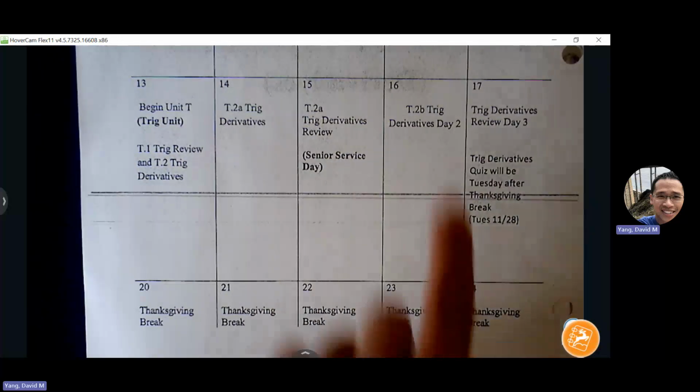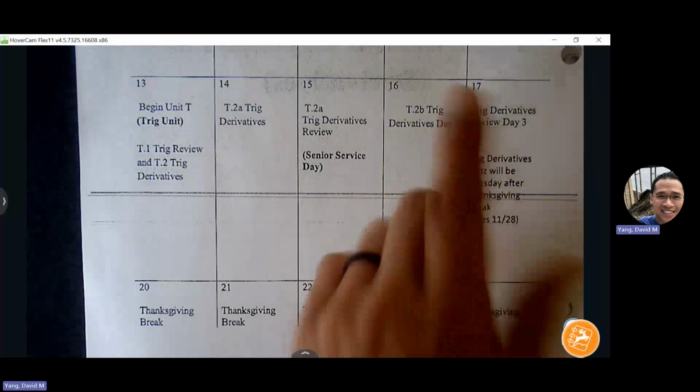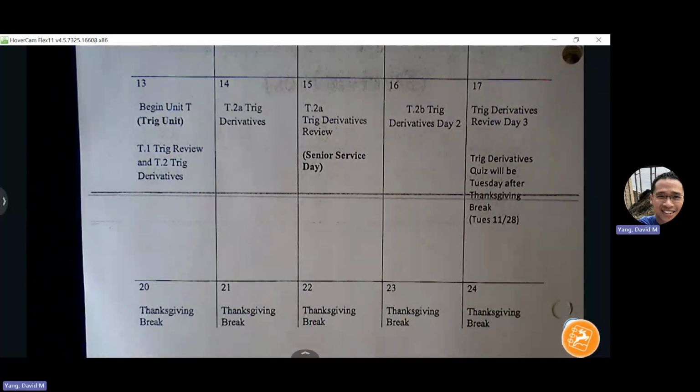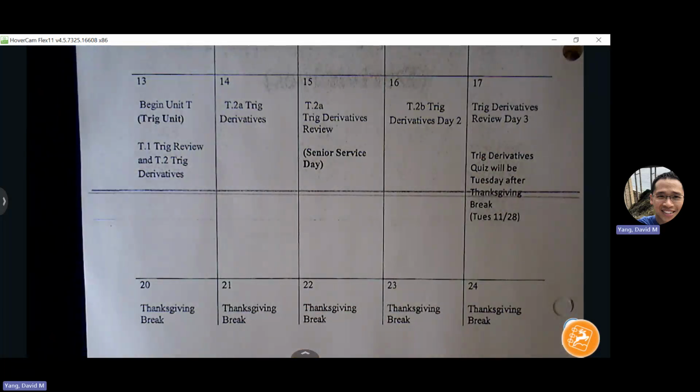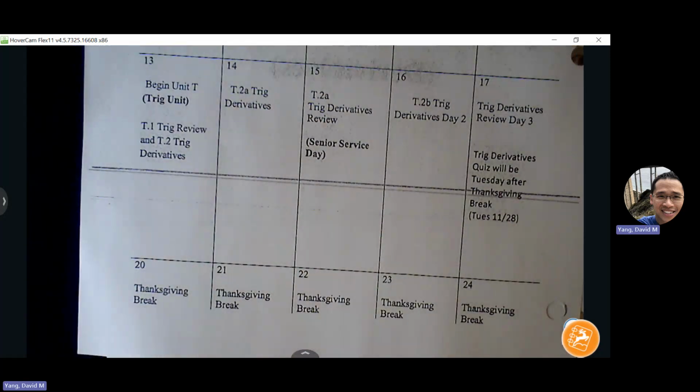So after Thanksgiving break, we'll take a trig derivative quiz, and then we'll have another couple of sections to do in the trig unit, and then we'll take that test that last week. So that finals week, I mean, there is no finals, but that final week, it'll be that Monday. Okay? That Monday, I think like the 11th or something like that of December.